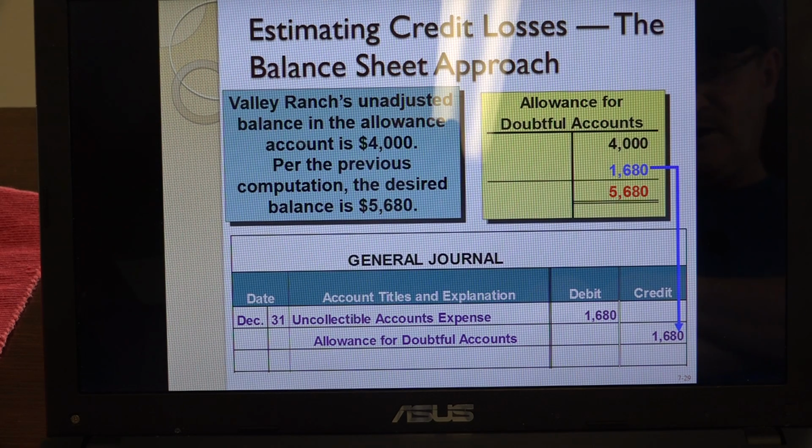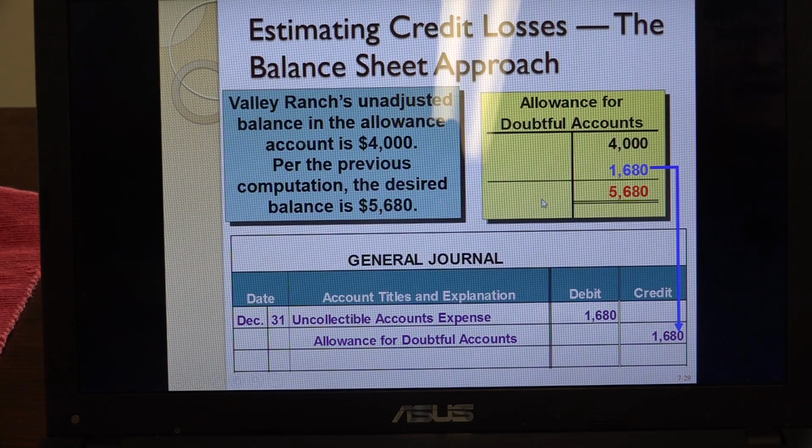And so because we had a credit balance and we're trying to hit the target 5,680, or excuse me, 4,000, we're simply going to disregard the 1,680 here, because there may be some stuff from previous years that may be in this that's uncollectible.